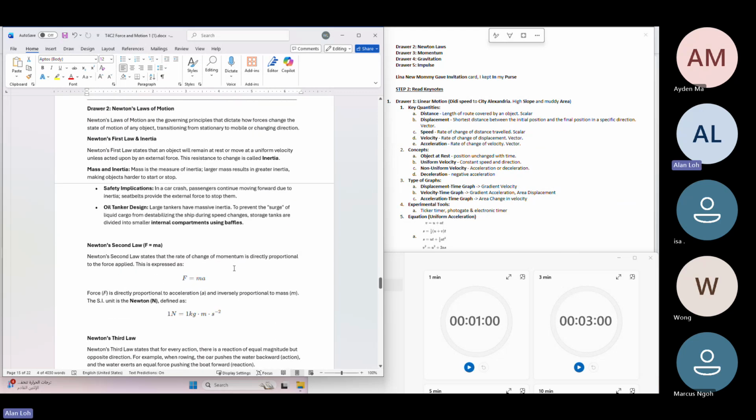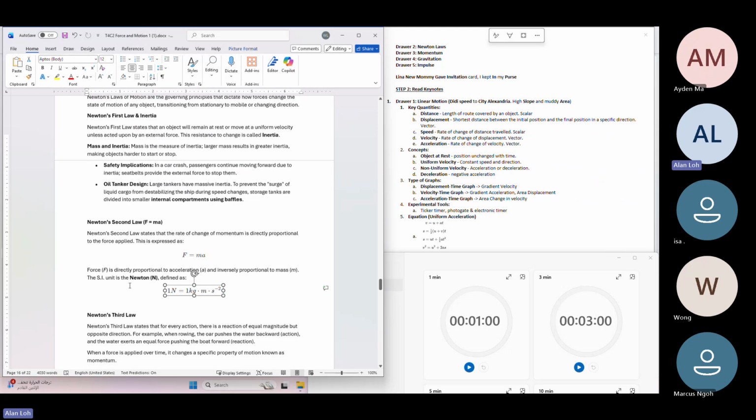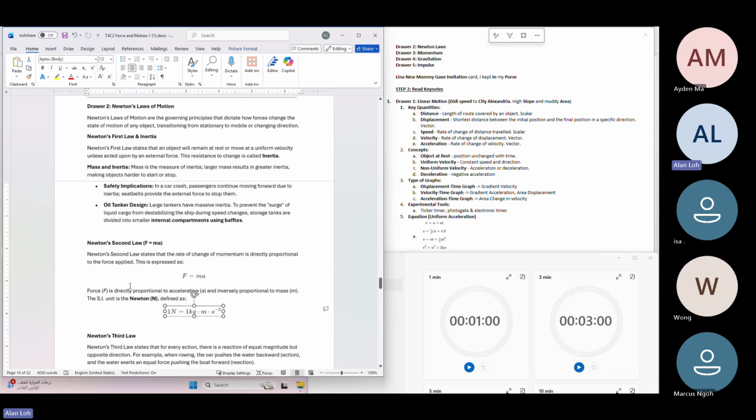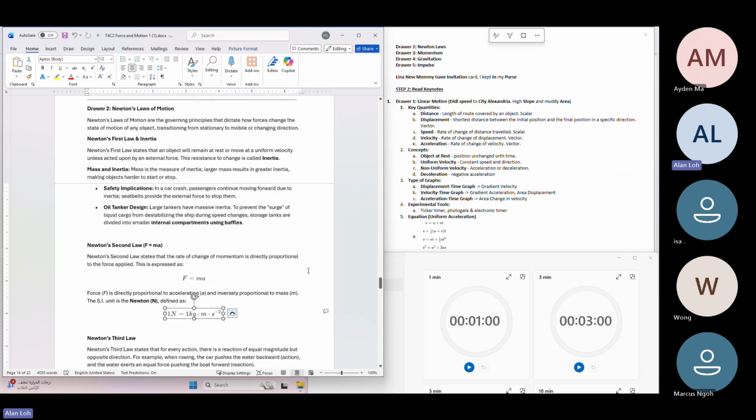Now we are in drawer 2, Newton law, the new mummy. Let's do drawer 2 until here, which is right before Newton third law. Oh no, okay, let's do the whole thing, 1.5 minutes.